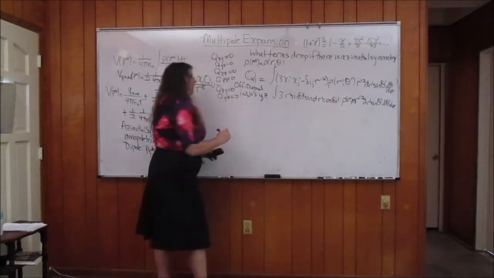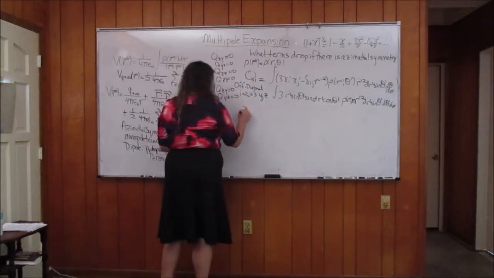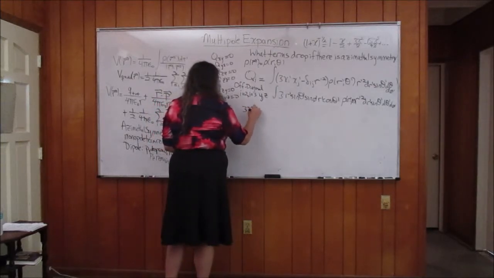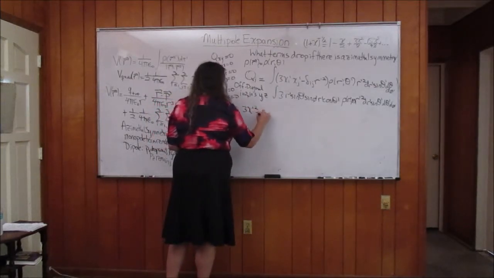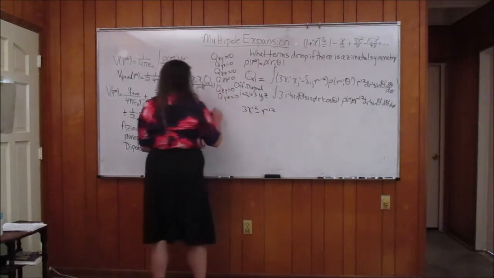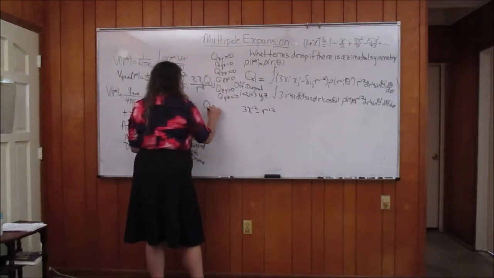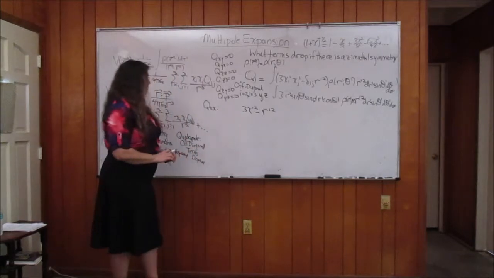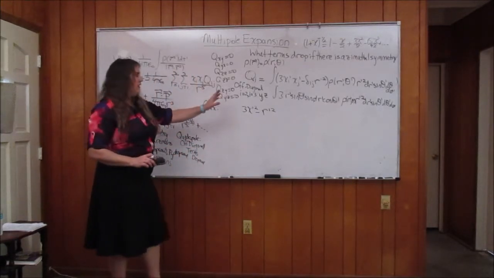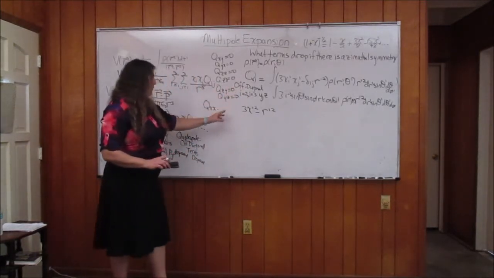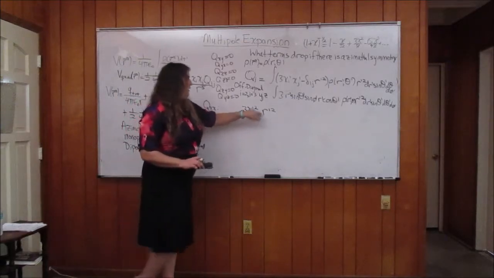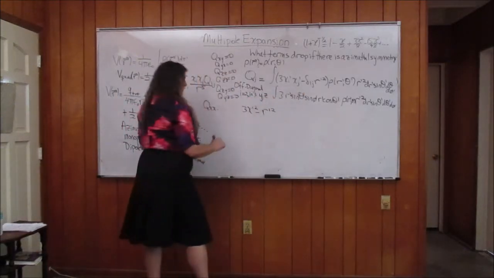So essentially, we've got integrands that contain 3x prime squared minus r prime squared. This corresponds to the Q_xx element.